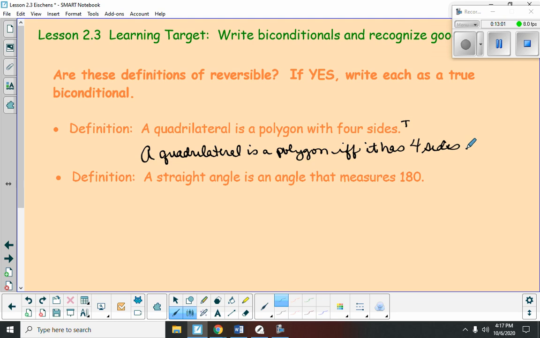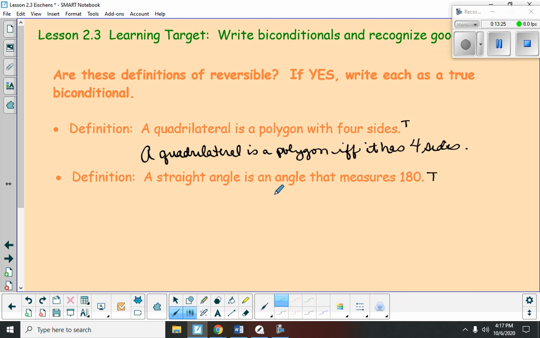A straight angle is an angle that measures 180. All right, that's true. If we switch that around and say an angle that measures 180 is a straight angle, is that true? It is also true. To write that, I might have to change the wording a little bit.